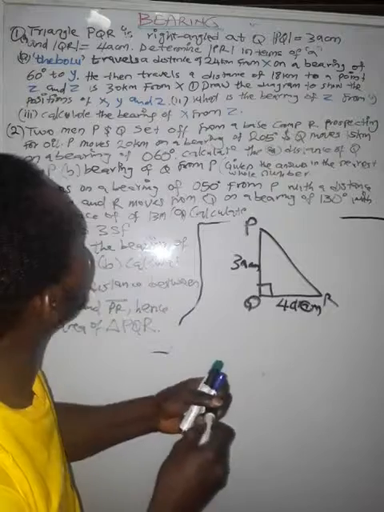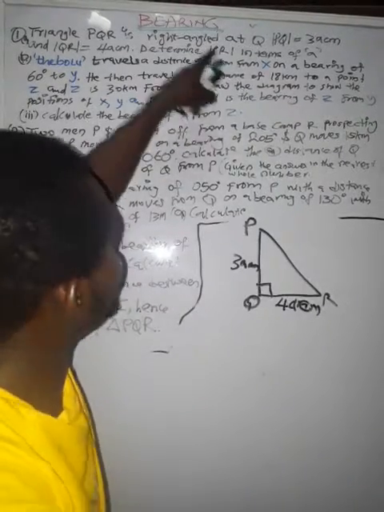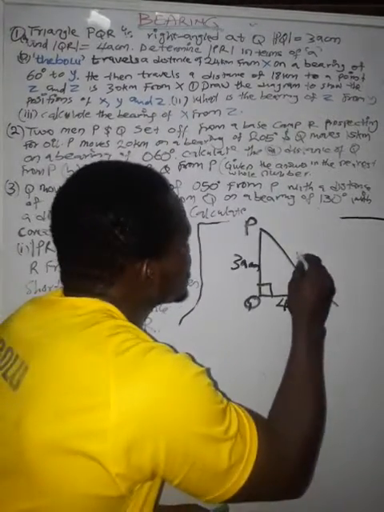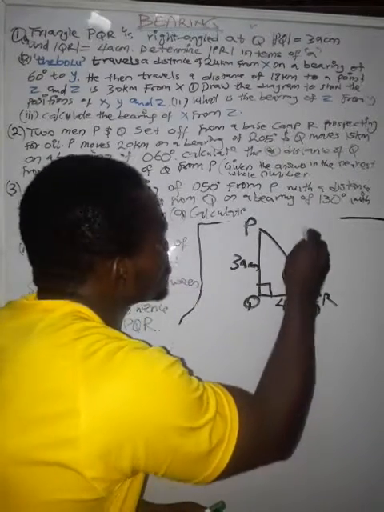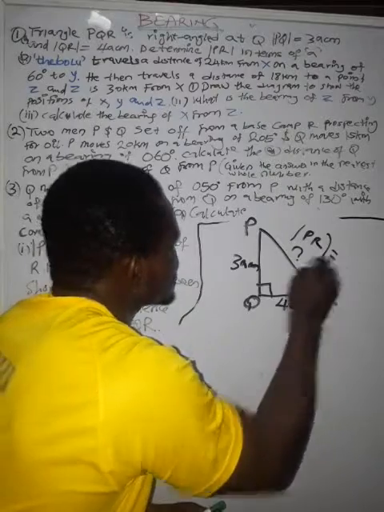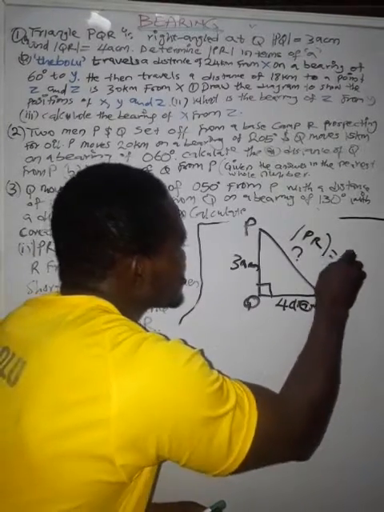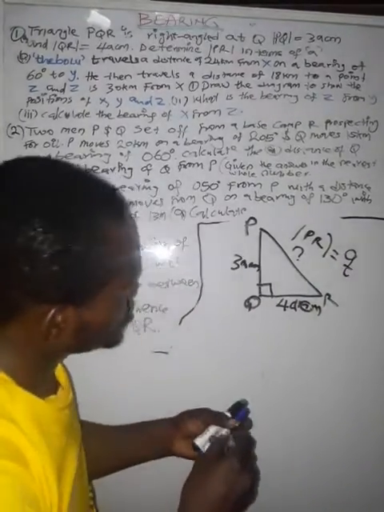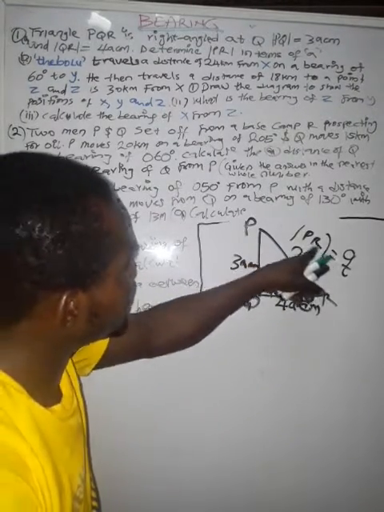So the answer we should find is this line, this is what we call line PR. Or we can also say it's the same thing as the side facing Q, small q. So we are finding line PR.